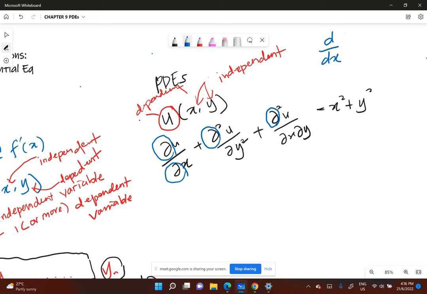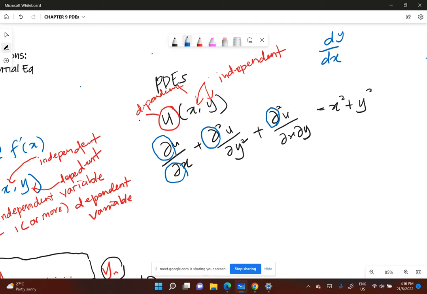Just now the change was y, and y changed solely based on x. But in a partial differential equation, u will partially change because of x, and u also will partially change due to y, and u will partially change due to x and y.